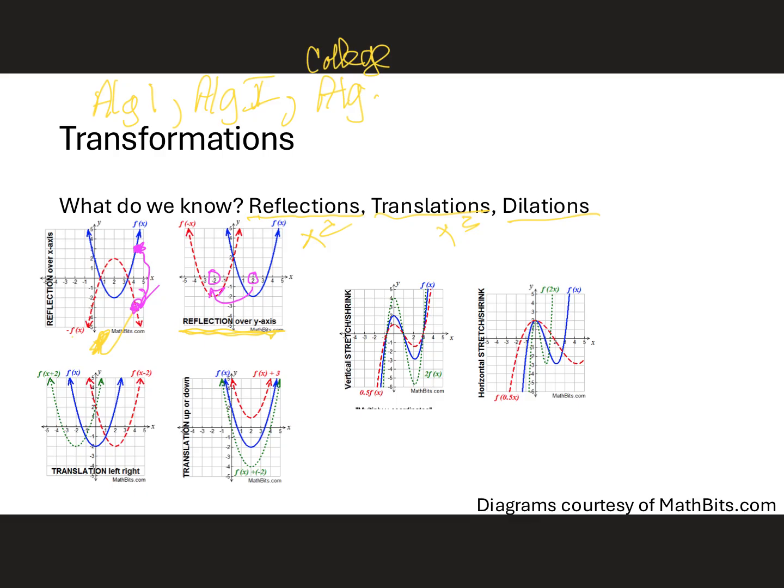Translations kind of follow the same process. We translate left or right, and then we could have something like f of x minus 2 or f of x plus 2 and our original function f of x. And then we could have f of x plus 3 on the outside or f of x minus 3 on the outside.